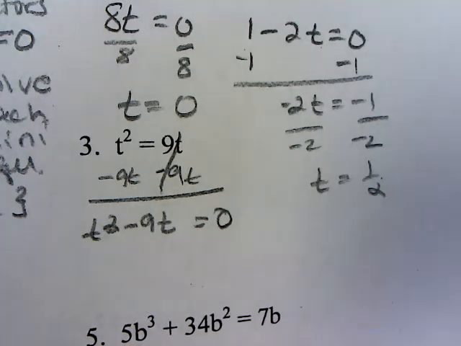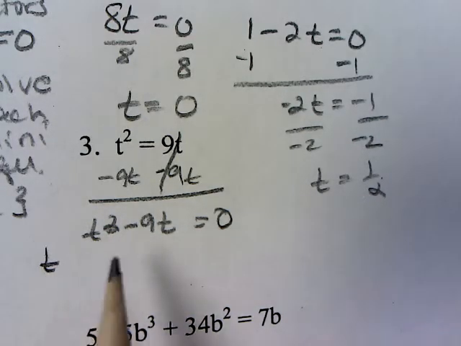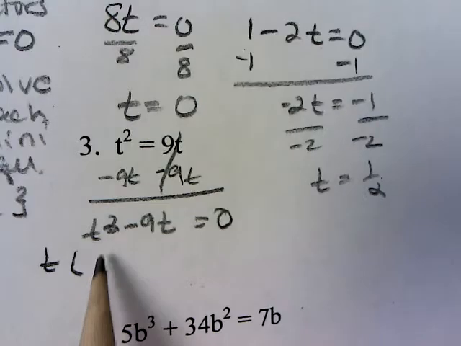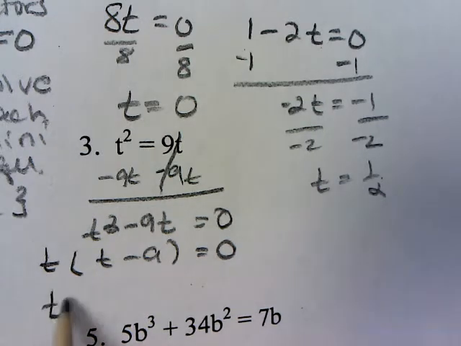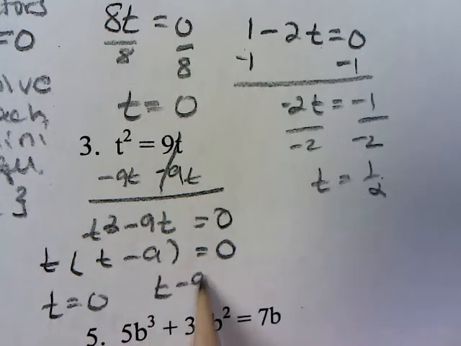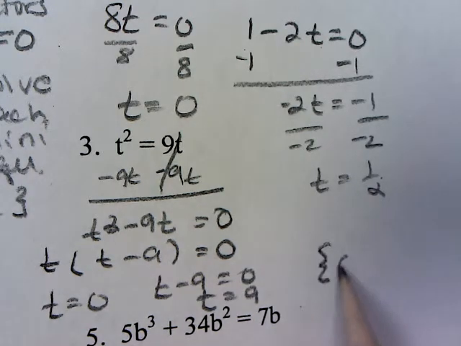So now I'm going to GCF out my t, because remember, GCF is the first way we factor. Voila, I have two factors. So I set each one equal to 0. Put my answer in set notation.